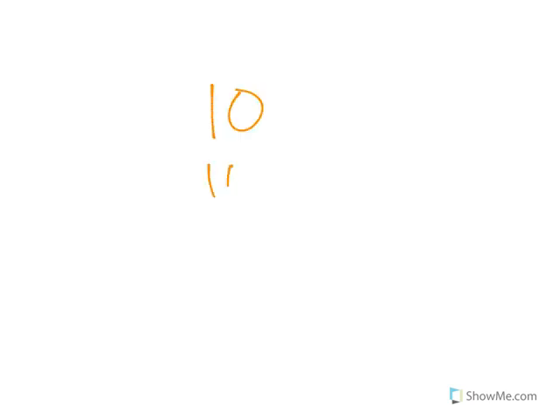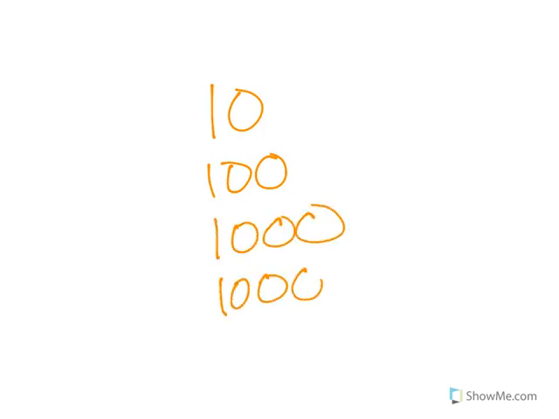So the important thing to talk about with all of this lesson is that when you multiply by 10, 100, any of these powers of 10, all you really have to do is move the decimal however many places your value of 10 is.